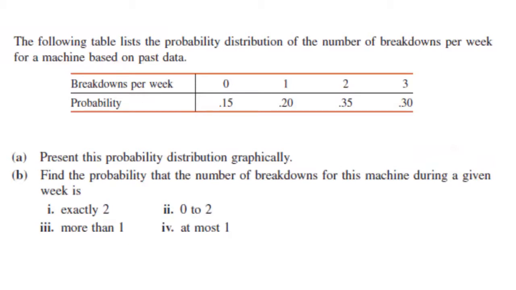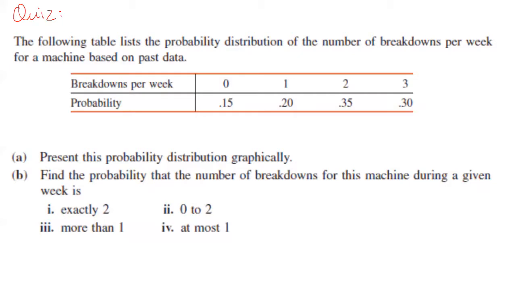Let's see a quick quiz. The following table lists the probability distribution of the number of breakdowns per week for a machine based on past data. Breakdowns per week could be 0, 1, 2, 3.